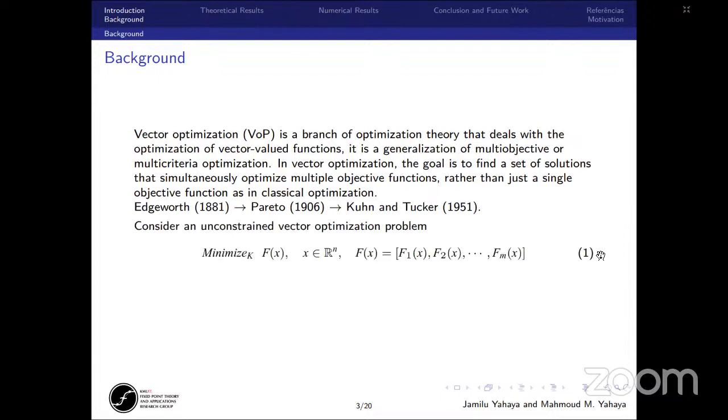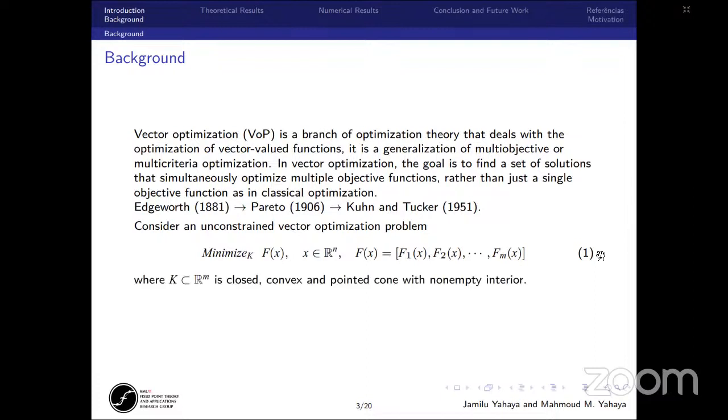The problem is stated in equation number 1. We are trying to minimize an objective function, and this objective function is unlike the usual forms of objective function. We have to find x in R^n, where R^n is simply an n-dimensional Euclidean space. And F is not just a single objective function, but a concatenation of a number of objective functions.